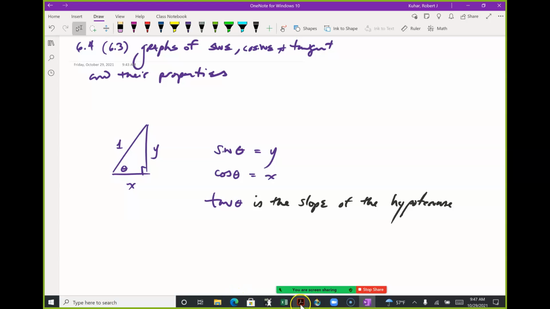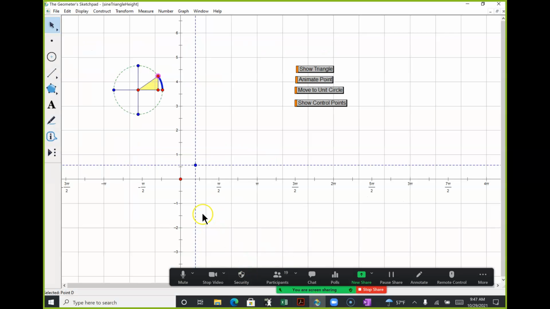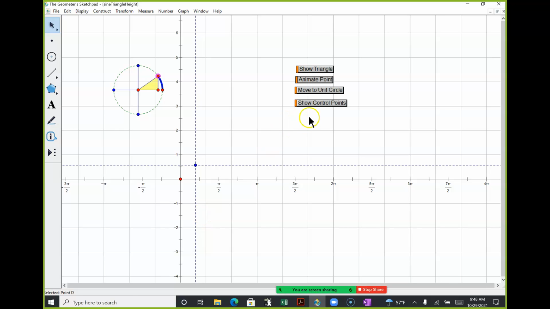I can look at my sketch here and have it. I want to move everything. Nothing will move. Sorry. Oh, here's my triangle. So I'm taking that triangle from the unit circle and moving it down onto my x-axis. Where's my animation point?